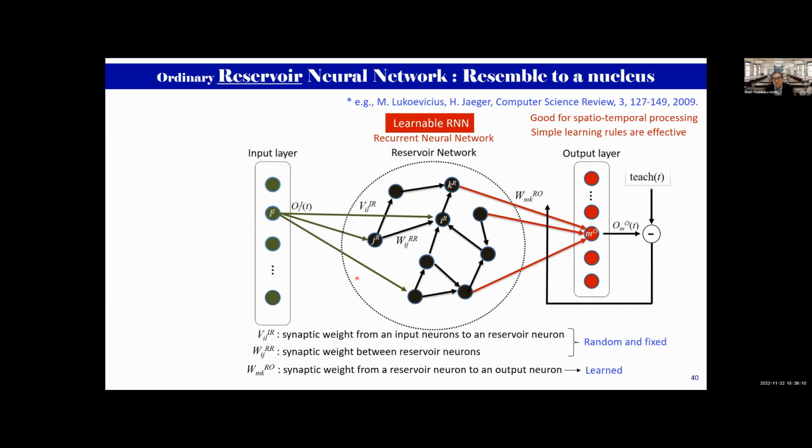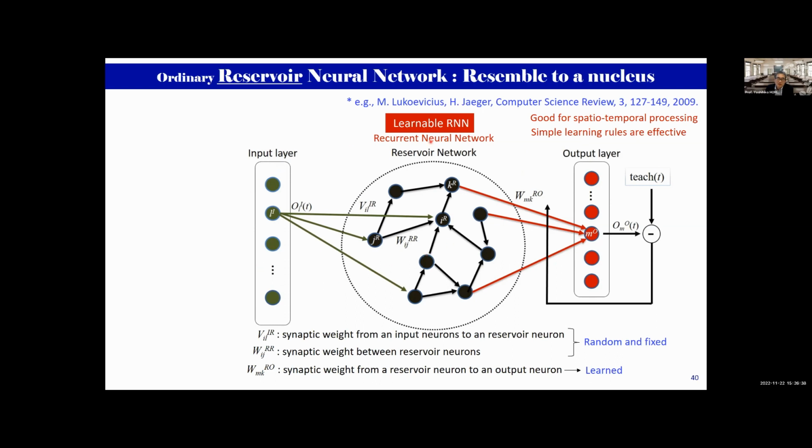We have a reservoir network here, which includes a recurrent neural network connected randomly with fixed connection weights. Here we have an input layer and an output layer, and only these red arrows are subject to learning. The learning is usually very simple.